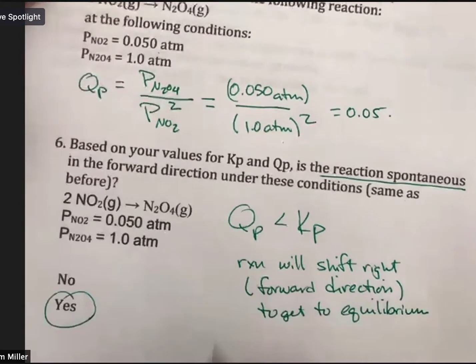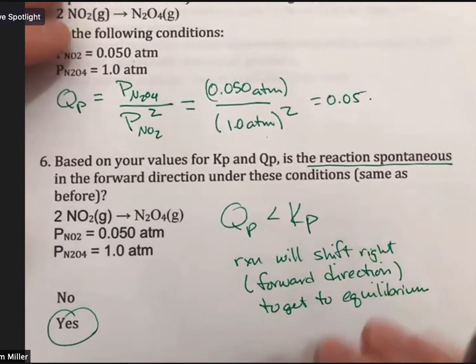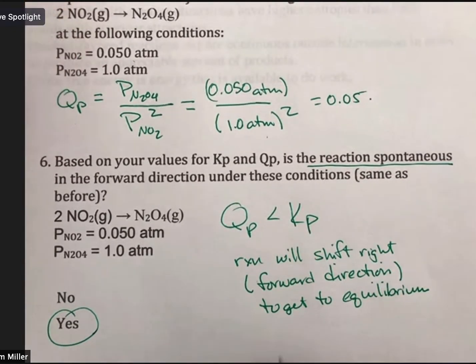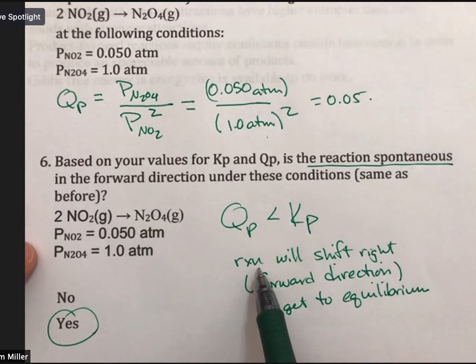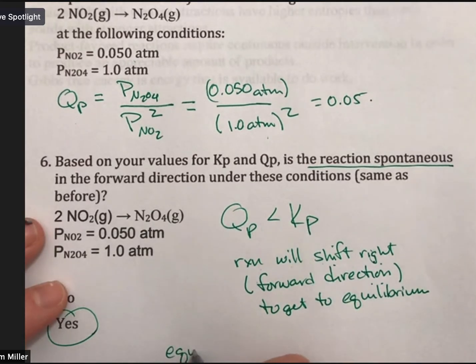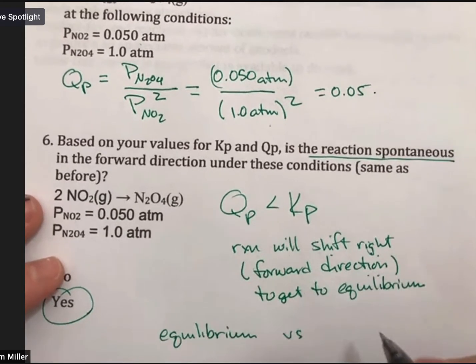And here on this problem in particular is where we look at how equilibrium talks about spontaneity. So equilibrium says the reaction will shift right. So here, equilibrium versus thermodynamics.